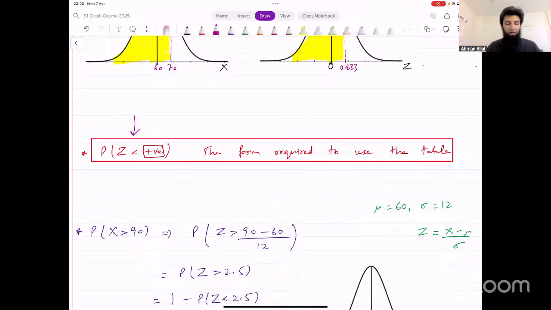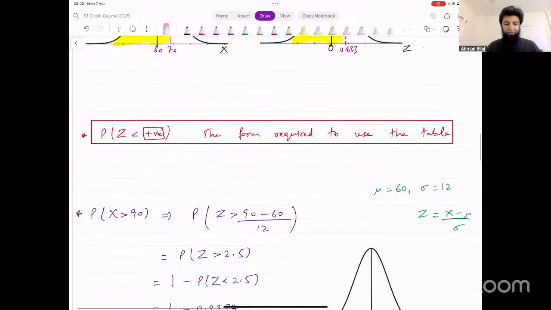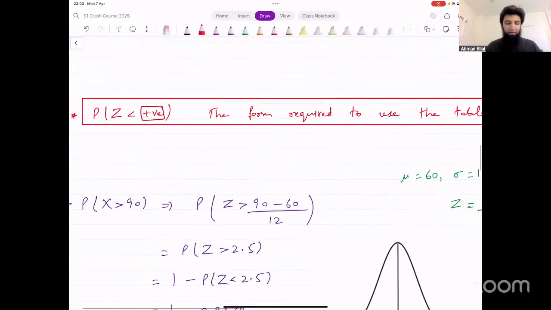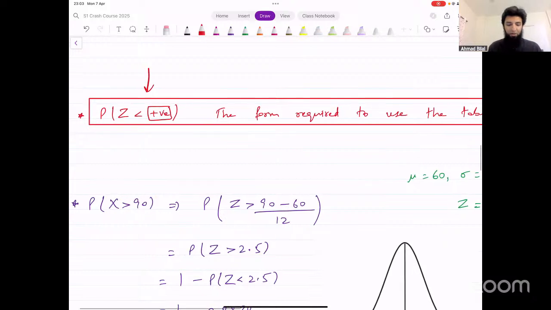The standard format for using the table looks like this: you need probability of z less than some positive value. This is the only form for which you can use the table. If it's any other form, you cannot use the table. The table only works for this particular form.